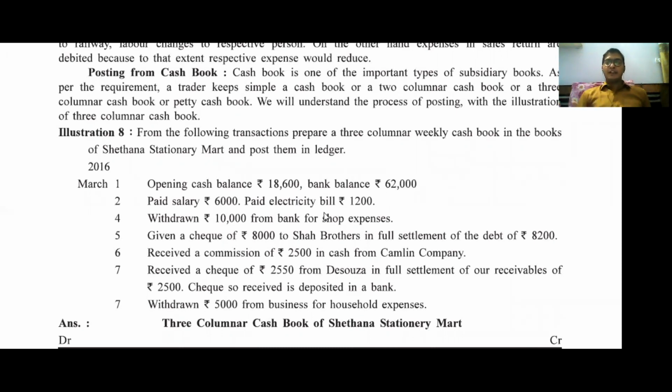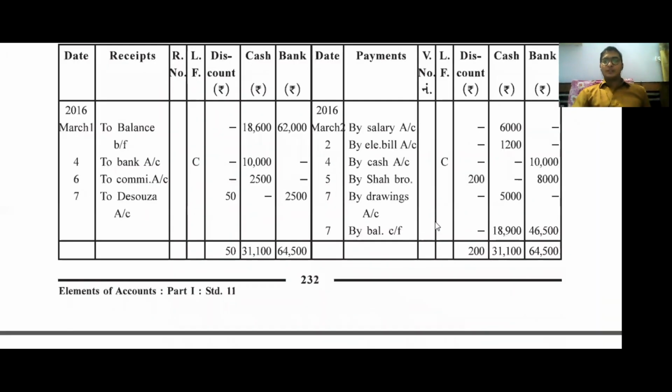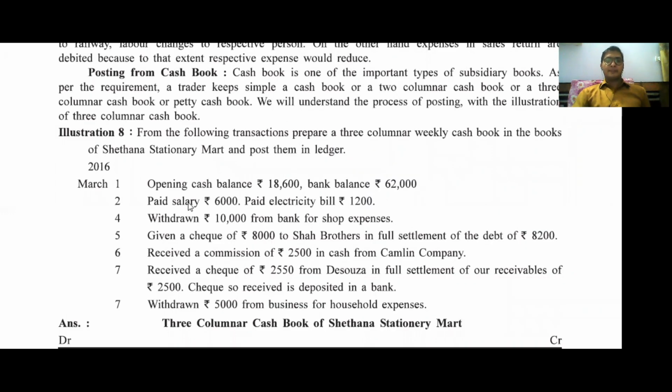If we are paying an amount, our cash balance decreases, and that's why in salary account as well as in electricity account it is recorded on the credit side, 6,000 and 1,200, in the cash column because it is paid in cash, salary as well as electricity. Date is 2. Simple.